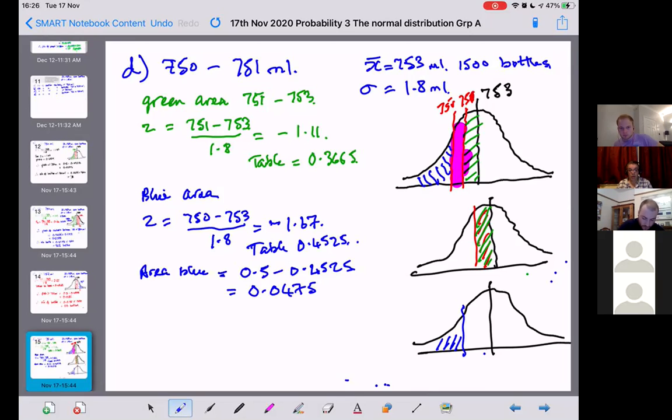Okay, so now we've got the blue area and the green area. Therefore, pink area equals 0.5 minus these two added together, the green and the blue: 0.0475 plus 0.3665 equals.